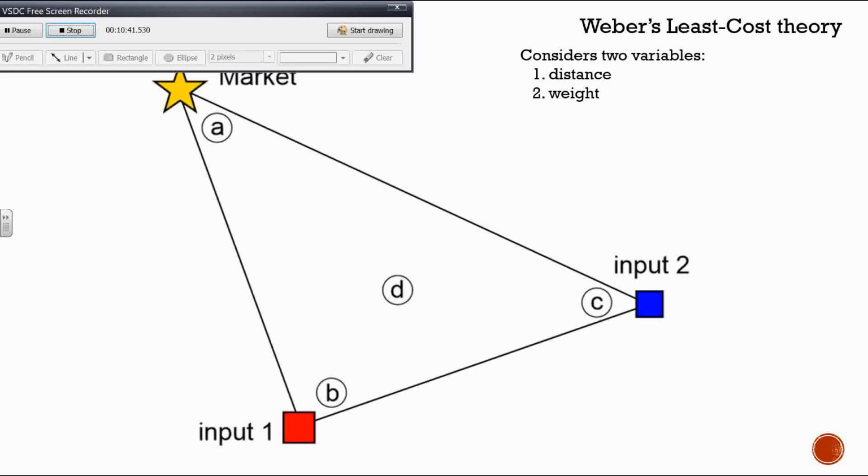It's going to consider distance from the inputs to the market, and it's going to consider weight. Now, both of those variables are of key importance when you're locating a factory. Now, obviously, there are other things. We just talked about 5 things. We're looking at 2. There are other things involved, but this is extremely important.